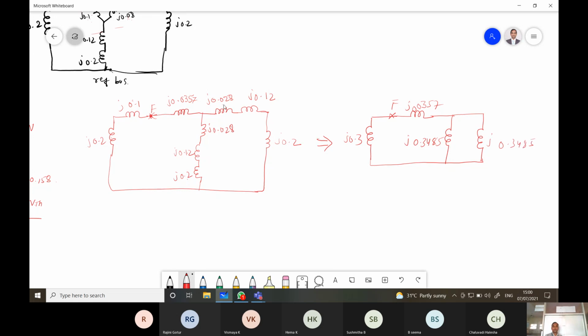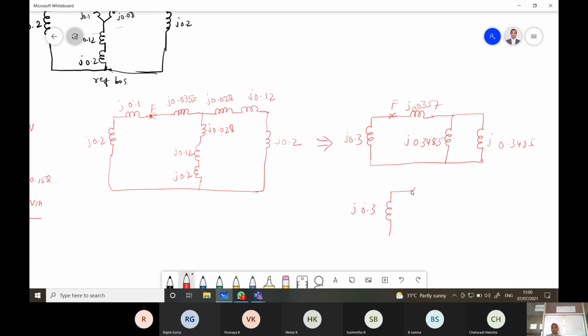Same thing, same we will get 0.28, 0.12, 0.2, and 0.28, 0.12, 0.2. So now these two are in parallel, and that is in series with this one. How much is it? J0.3, that is parallel with, so this is divided by 2 plus this one.